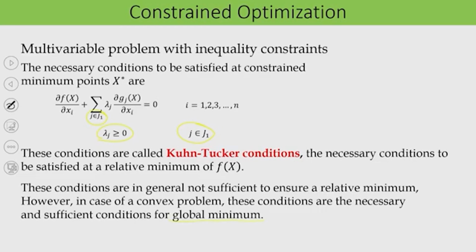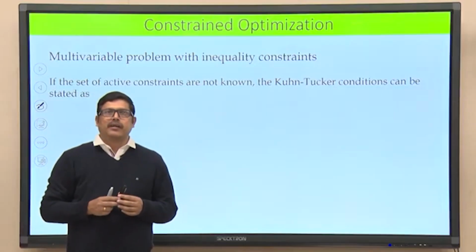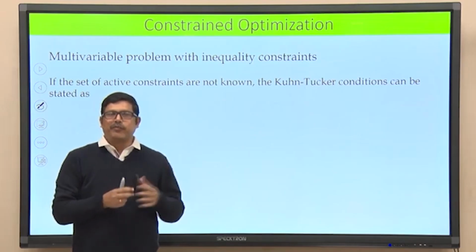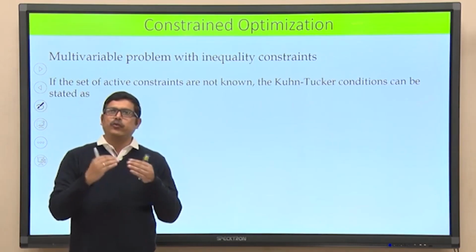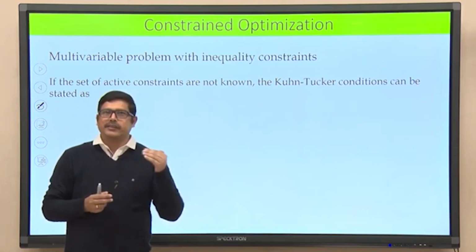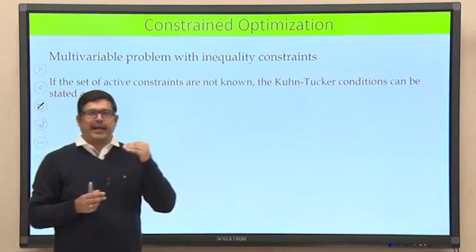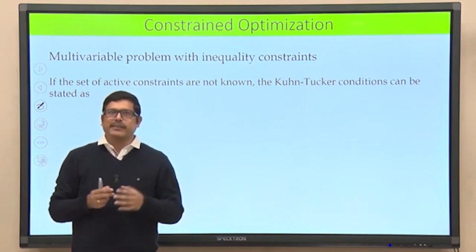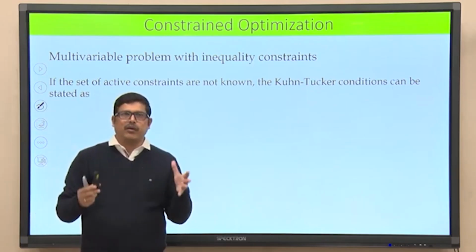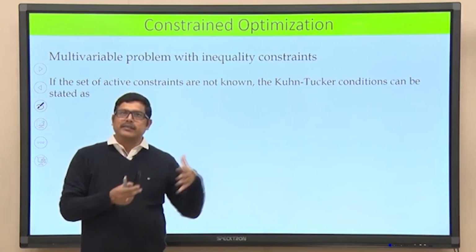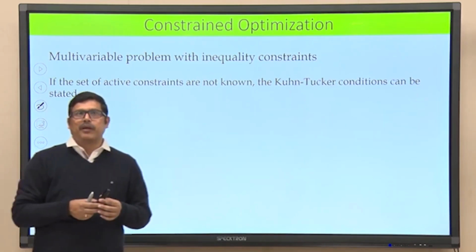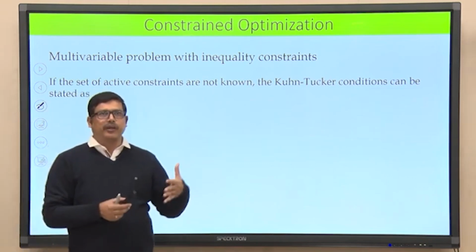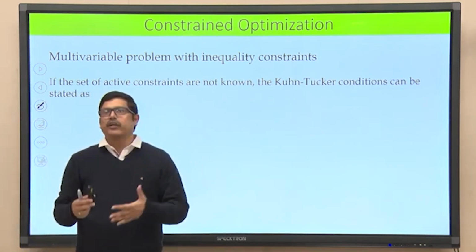As we have discussed, we have divided the total inequality constraints into two sets: set j 1 are the active constraints, and j 2 the inactive constraints. But for a particular problem, I may not be aware which are active and which are not.